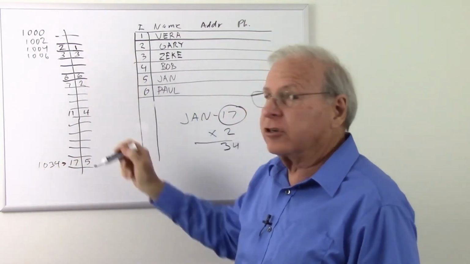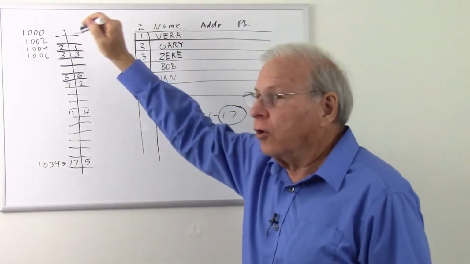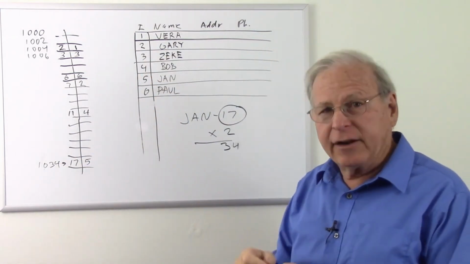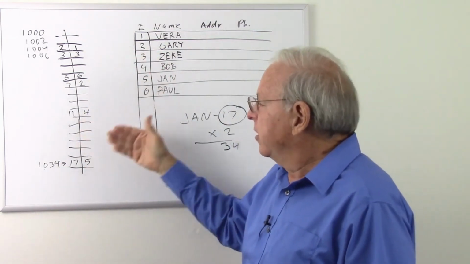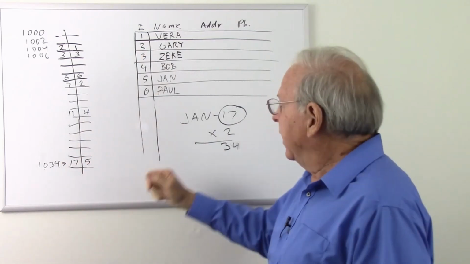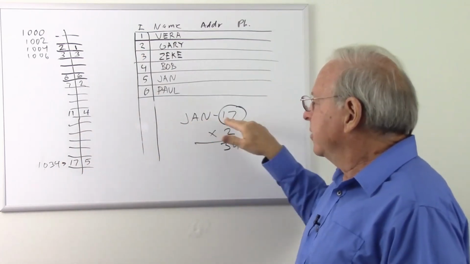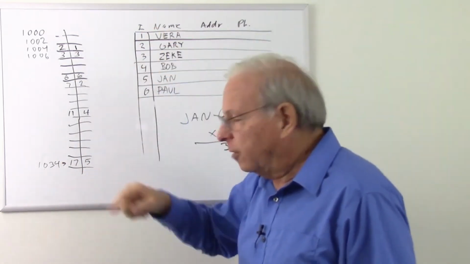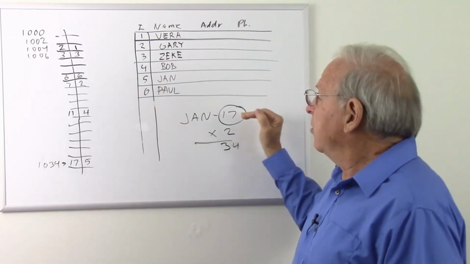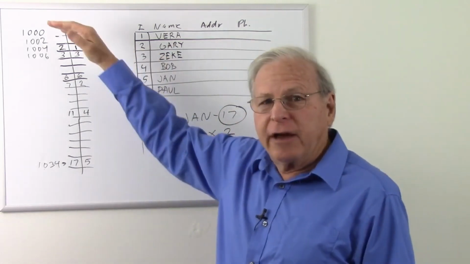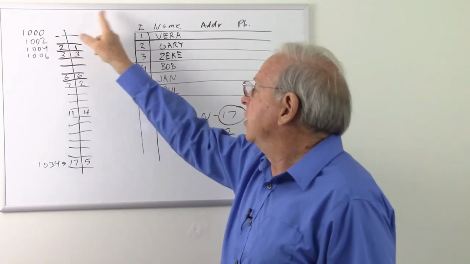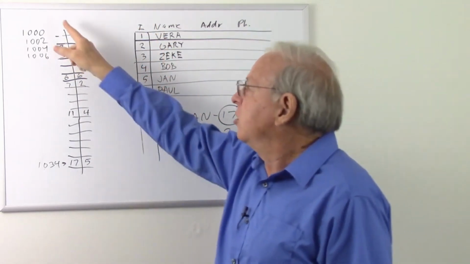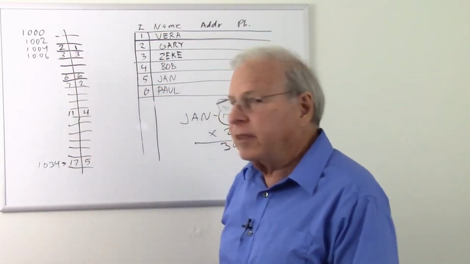I don't have to search. I just hash, go, bang. And it doesn't matter how big this table is. If it was number 99, it's going to be hash it, multiply by 2, jump to it. So by using the hash table, I don't have to do any search. No searching through the database. No searching through the hash table. It's just right there.